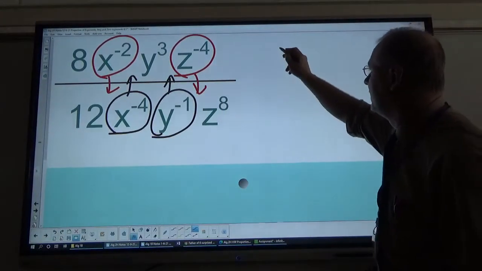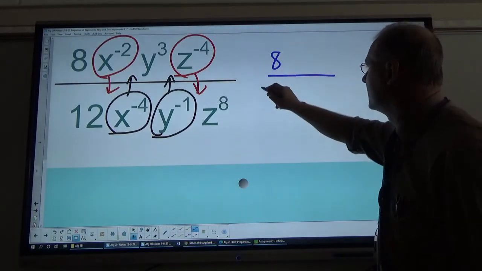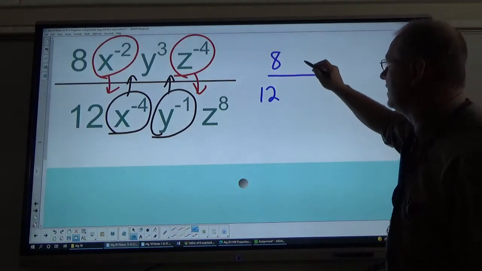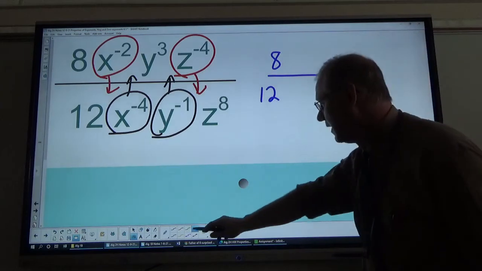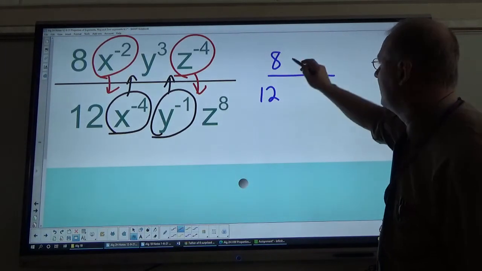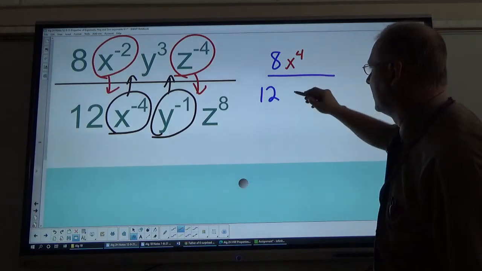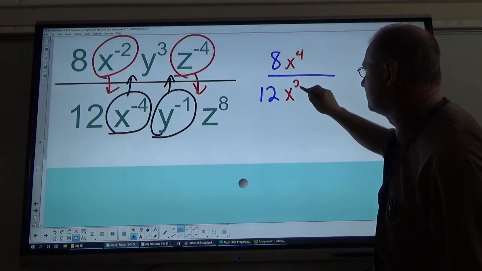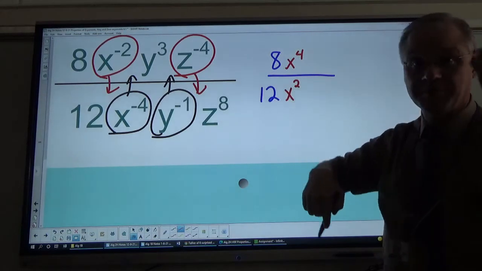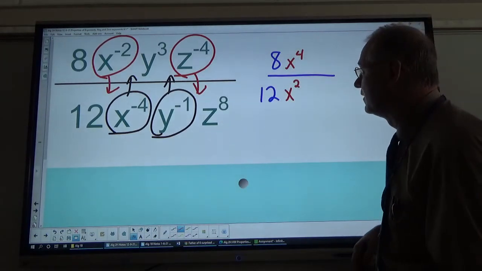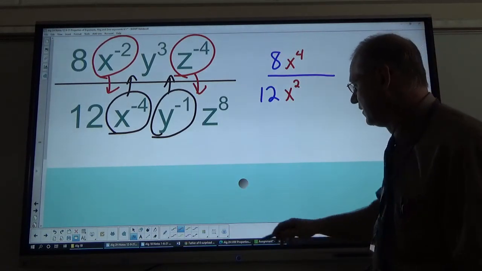So I've got my 8, my 12, those stay. I'm going to bring up x to the positive 4. I'm going to bring down x to the positive 2. When I move it, it makes the sign change for the exponent.